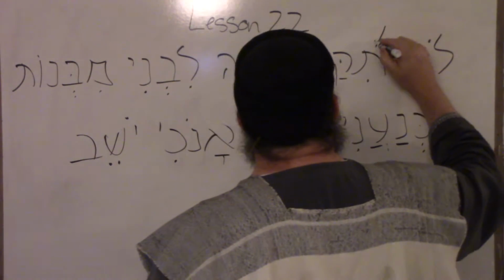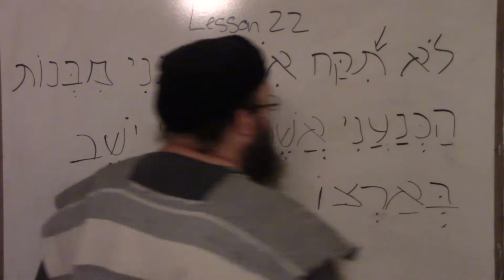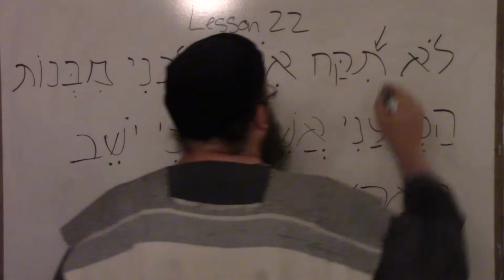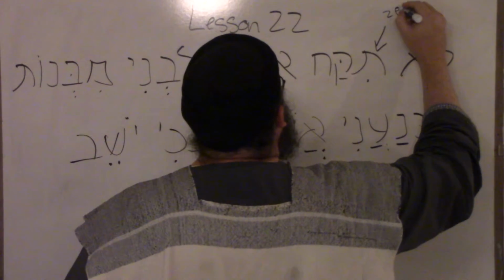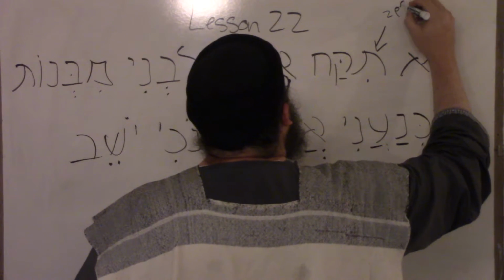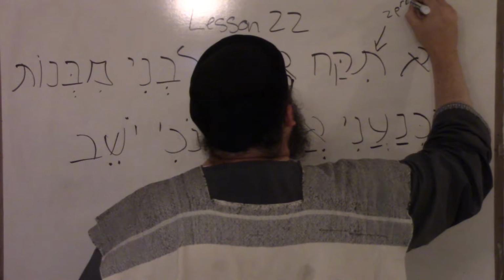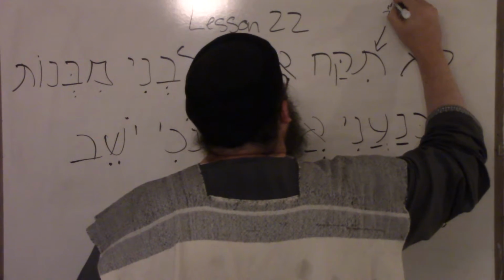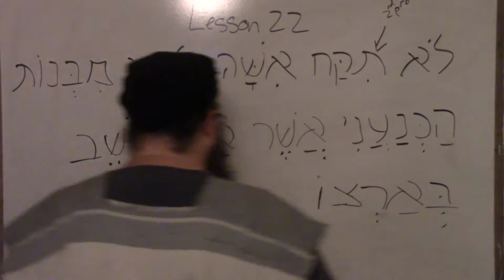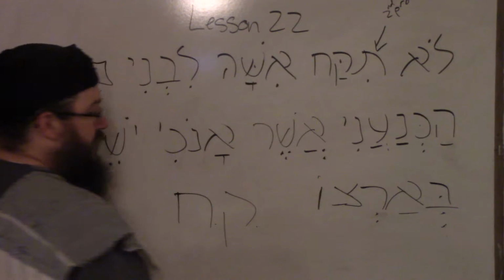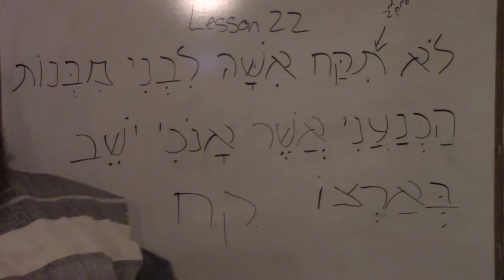Well, let's first look at tikach. The word tikach, we see that the tav is the word for you. This is the second person pronoun. And then of course what we have left is kach, just like we did last time.